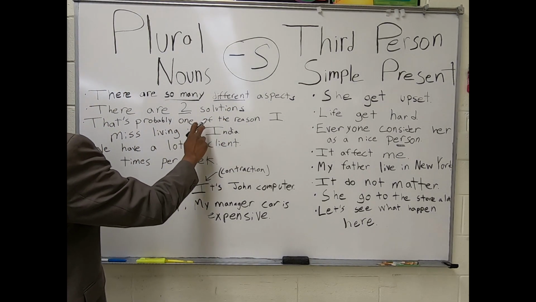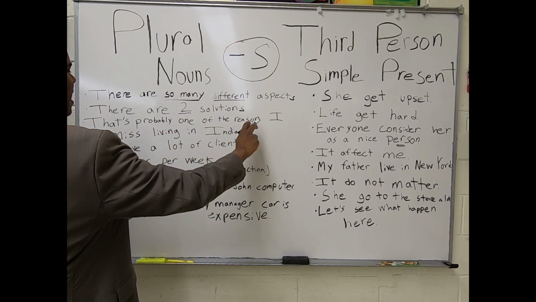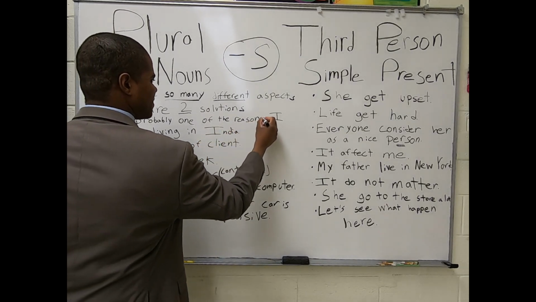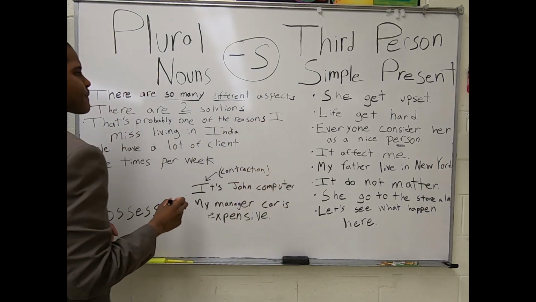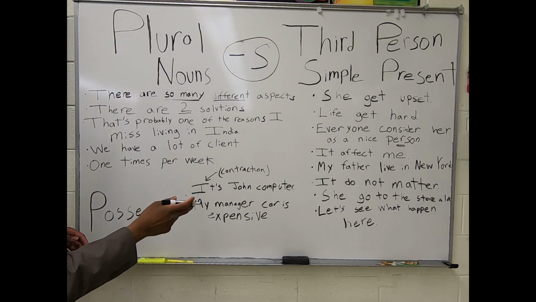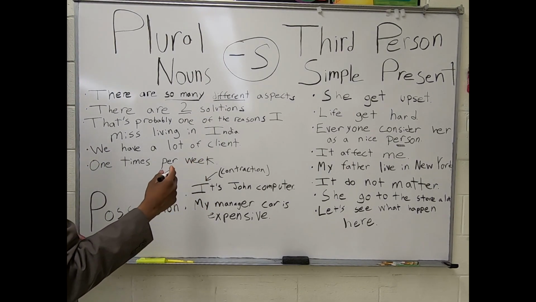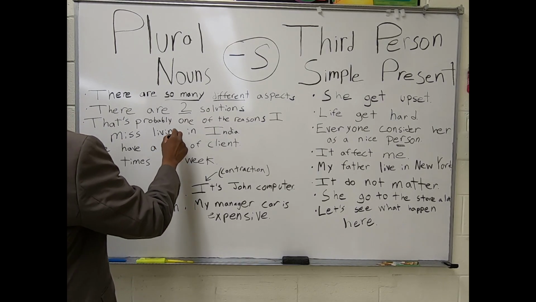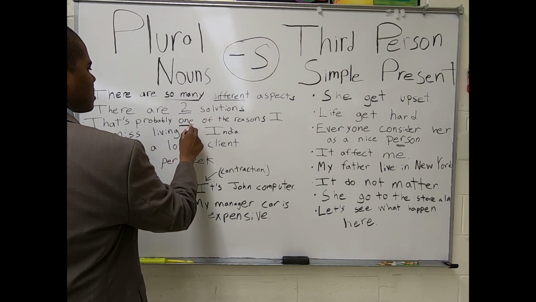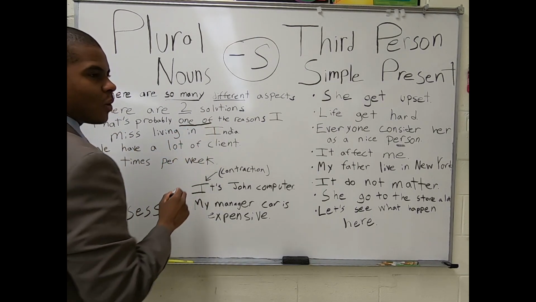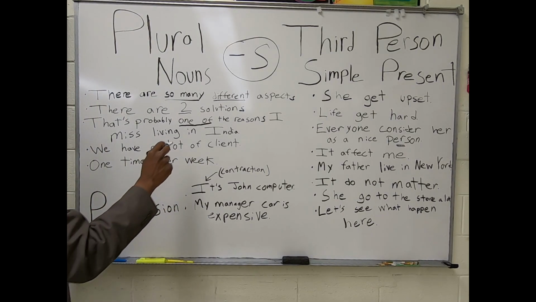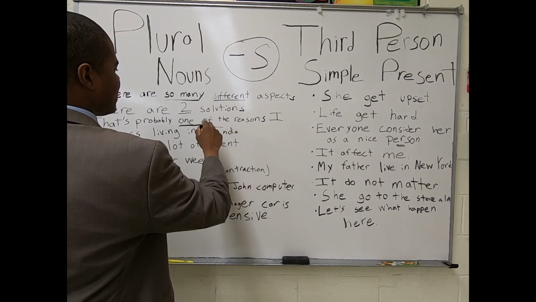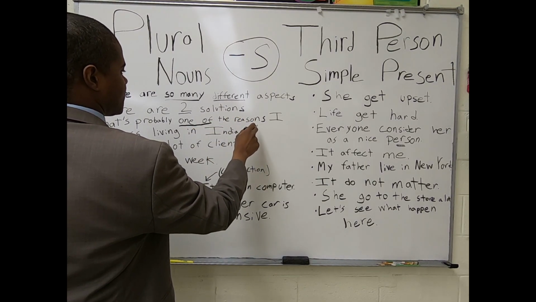Let's look at this one. That's probably one of the reasons I miss living in India. Reasons. Reasons is a noun. Now, why do we say reasons? Well, you say, well, it's singular. One. No, we need to put an S here to indicate that it is one of the reasons.